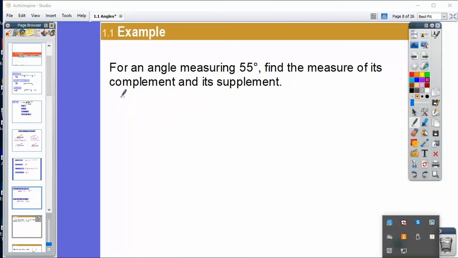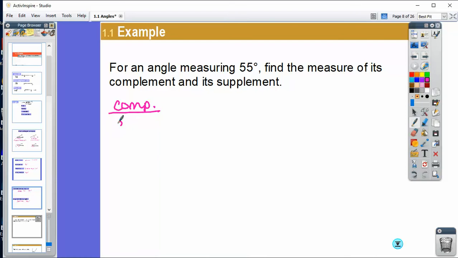All right, so complements, you might be able to just do it in your head. If you had to show some work, you know that complements add up to 90, so you just have to do 90 minus 55, and you get 35 degrees. I am going to be a little bit picky. I do want you to make sure you're putting your degree symbol.